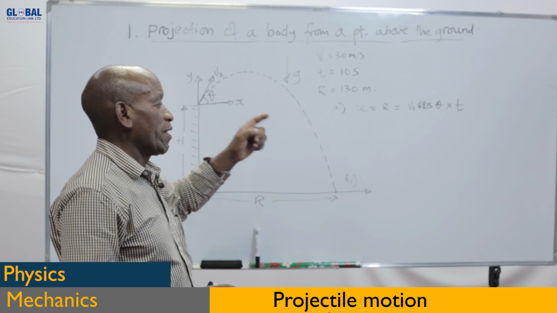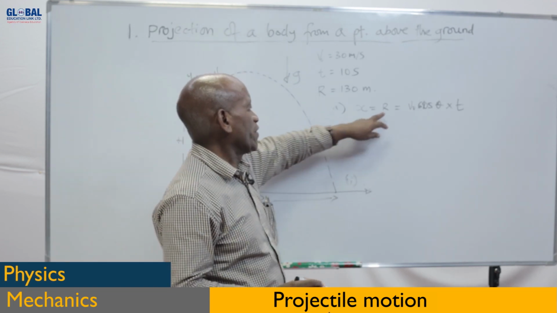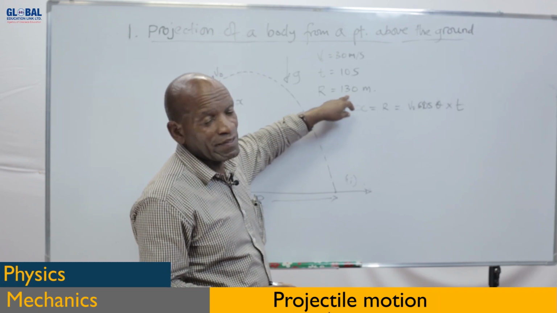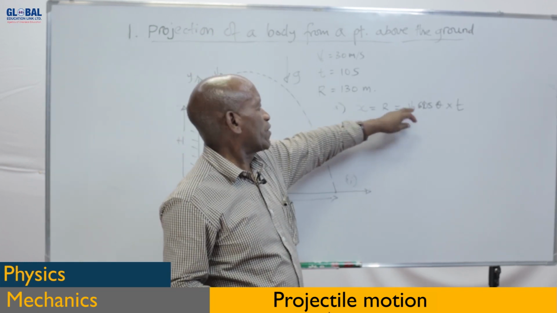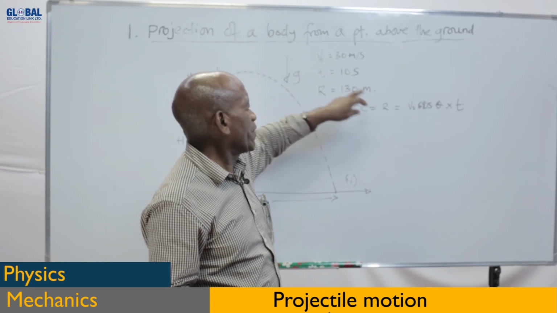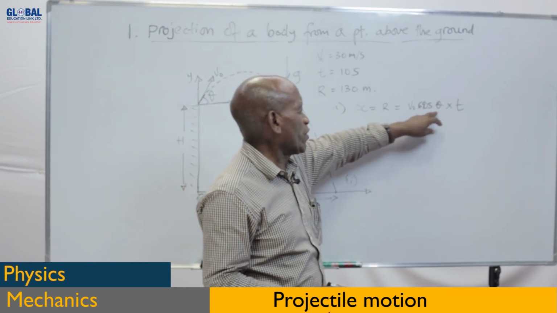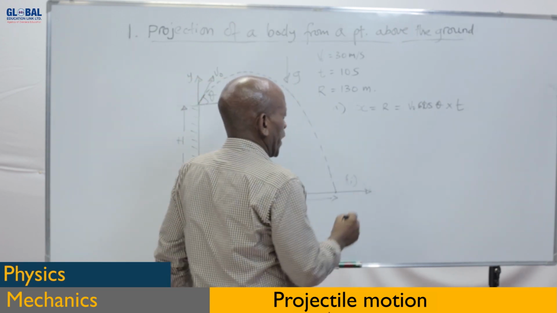All of the values are given: the range is 130 meters, the initial velocity of projection is 30 meters per second, and the time of flight t is 10 seconds. So we can calculate the angle theta.